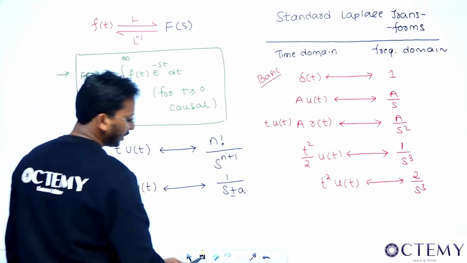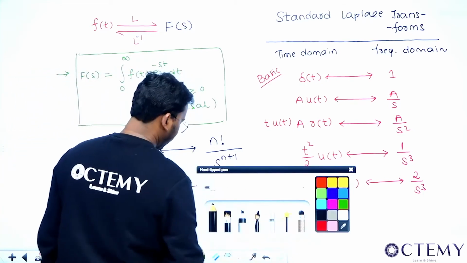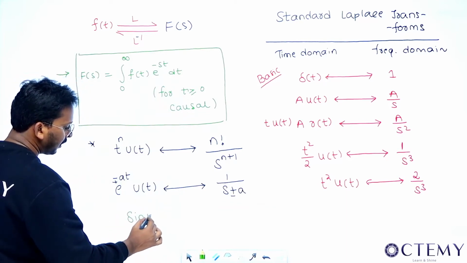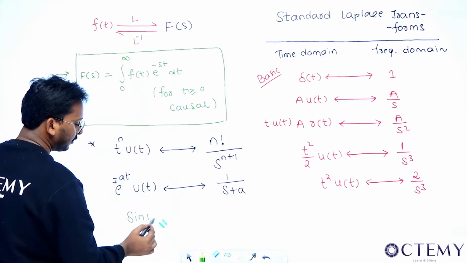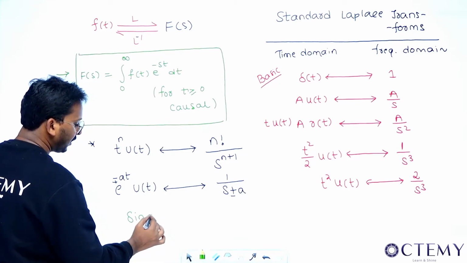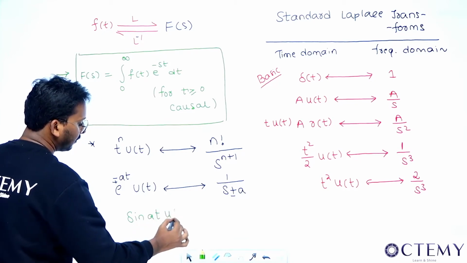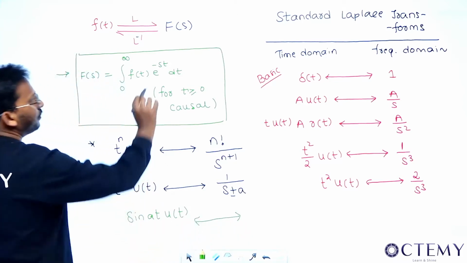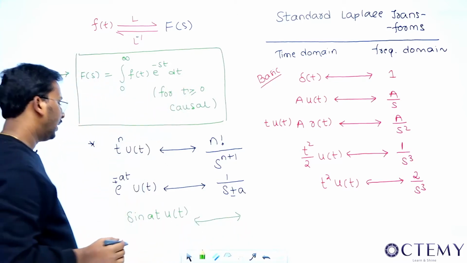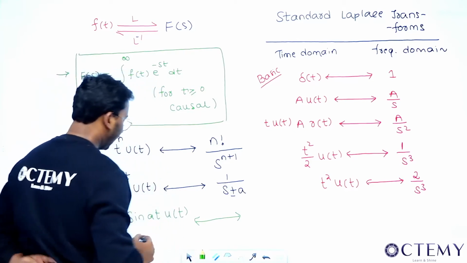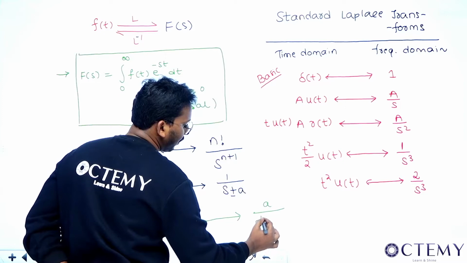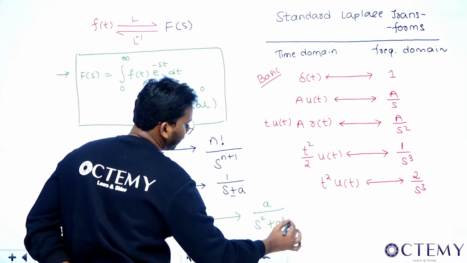Say if you have sine at u(t). For everything u(t) should be there, sir, because it is for t greater than 0, right? The Laplace of sine at will become a divided by s square plus a square, right?